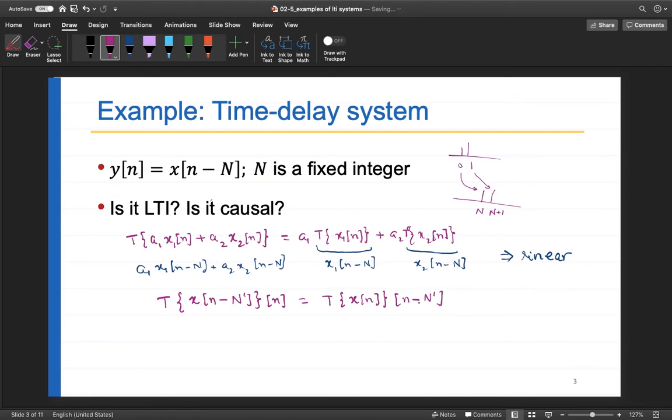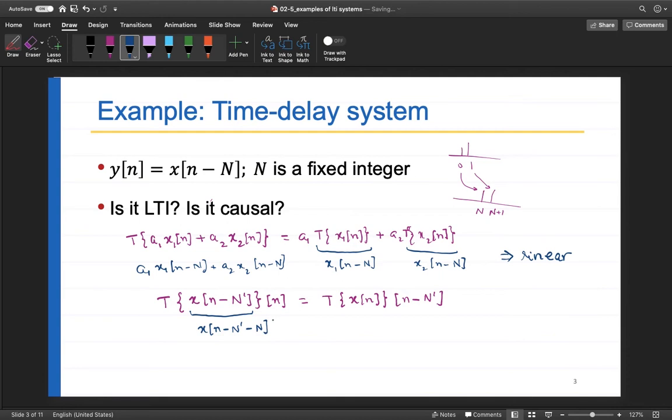This is for time invariance, this condition must hold. So let us see in our example, does this condition hold? So what will be the time delay of this thing? This will be equal to x of whatever is the signal. You just have to add a delay of n, right?